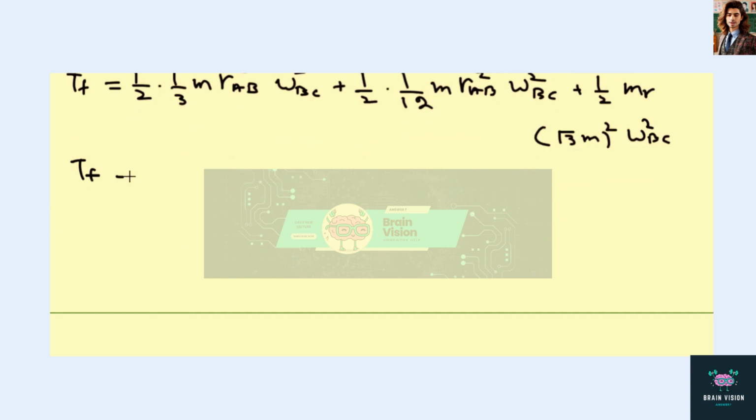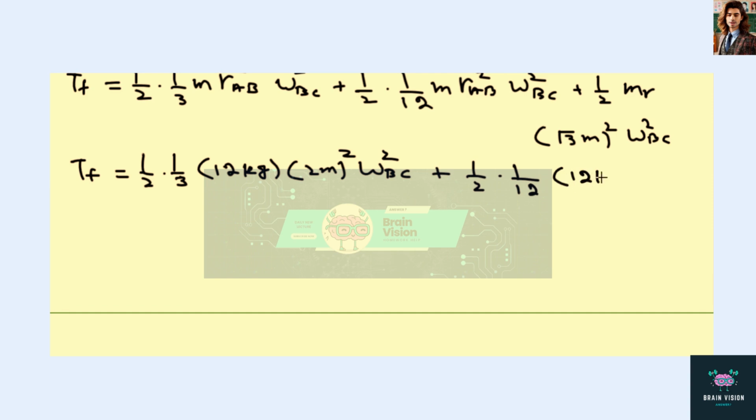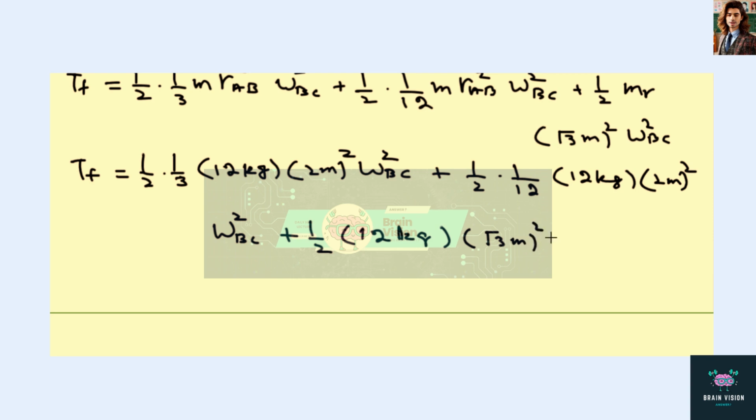We can write Tf as 1 divided by 2 dot 1 divided by 3 into the value of m, which is 12 kg, into RAB, which is equal to 2 meter square omega BC square plus 1 divided by 2 dot 1 divided by 12 into 12 kg into 2 meter square omega BC square plus 1 divided by 2 into 12 kg into square root of 3 meter square omega BC square.